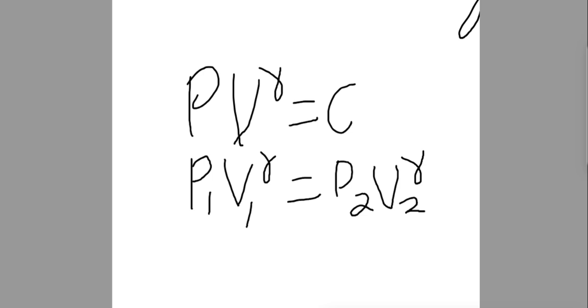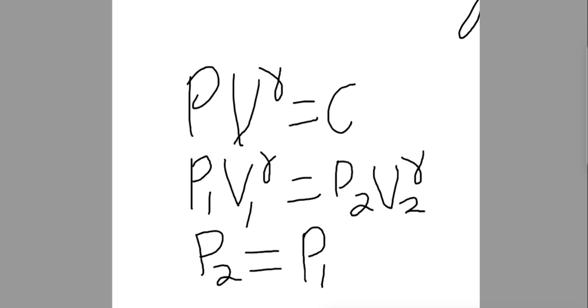Now we can make P2 the subject of the formula because we have our P1 and we have our V1 over V2. So if we make P2 the subject of the formula, we are going to have P2 equal to P1 times V1 over V2, that is, if we divide both sides by V2.